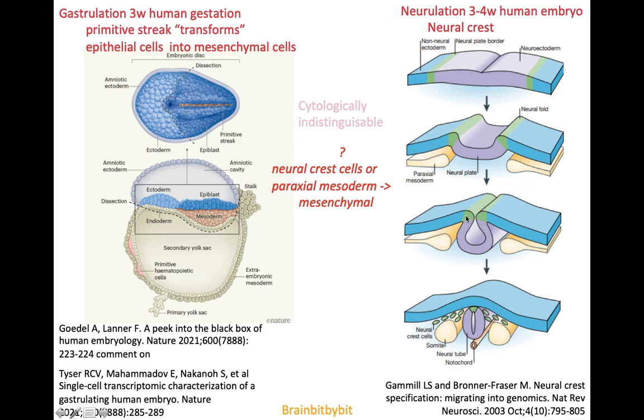So this happens in the same region a few days apart. When the neural tube is closed, the cells of the neural crest are going to give rise to neurons of the peripheral nervous system, and also to several skin cells, such as melanocytes and Merkel cells.